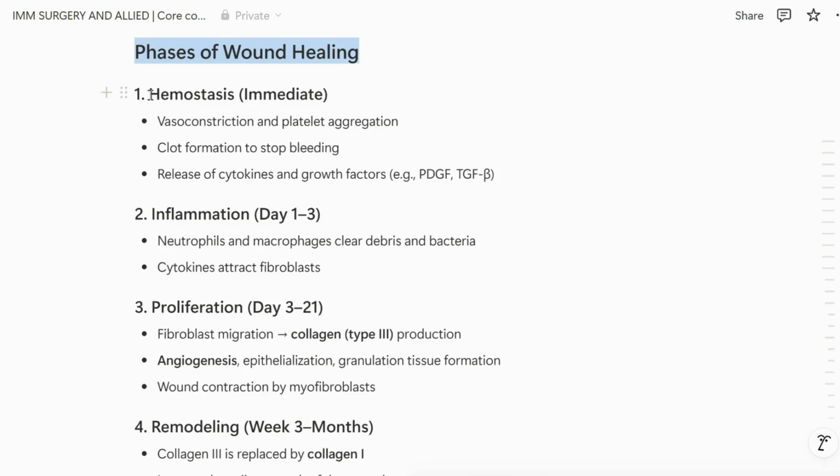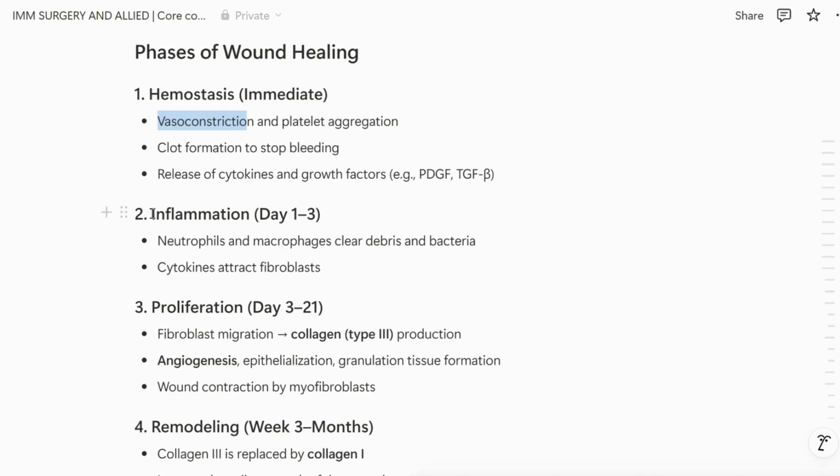So in the first step of wound healing, we have hemostasis. As I have explained, vasoconstriction occurs followed by platelet aggregation. There will be a formation of a clot to stop the bleeding. There is also release of certain cytokines and growth factors, of which platelet-derived growth factor and transforming growth factor beta are very important.